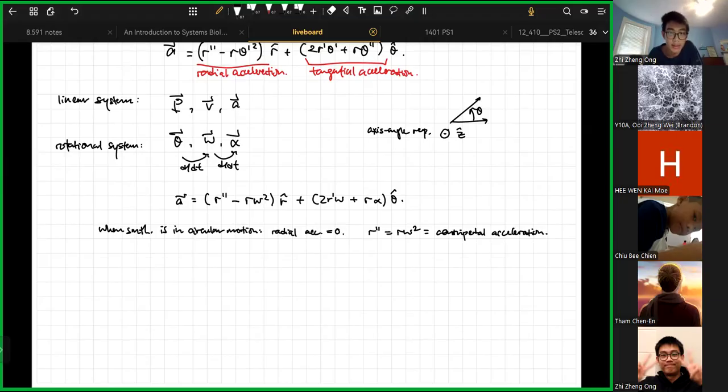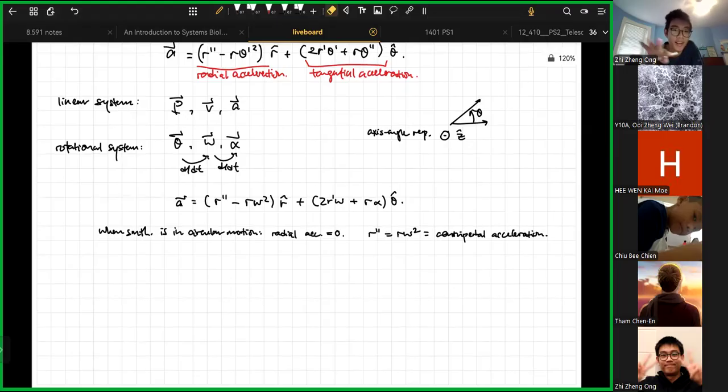R is the magnitude of the radius vector, and R double prime is just the radial acceleration. Ah, yes, sorry, my bad. This is the part where notation is a little bit funky. You're right.